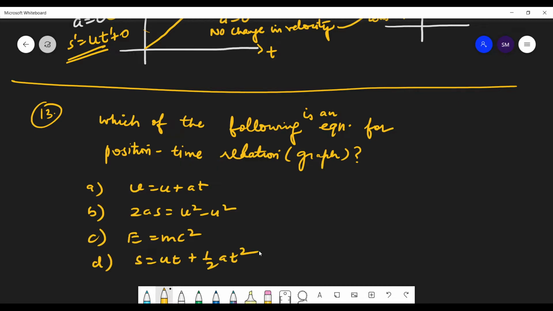So which option is correct? Which of the following is an equation of position time relation? Yes. Option B.